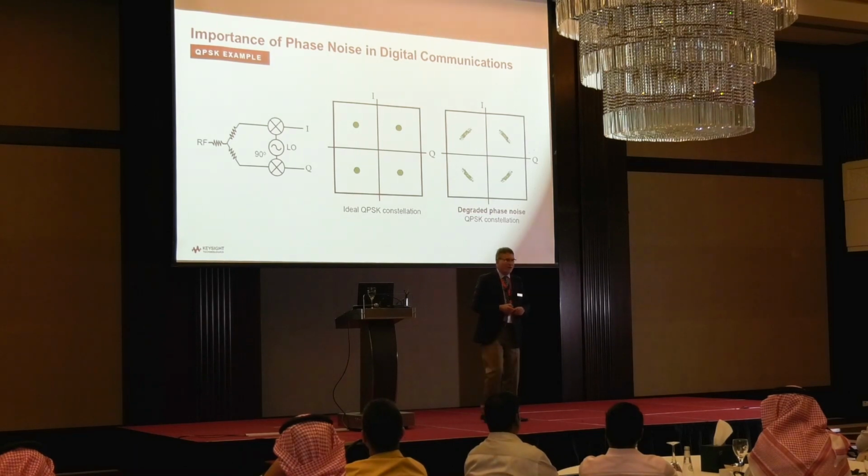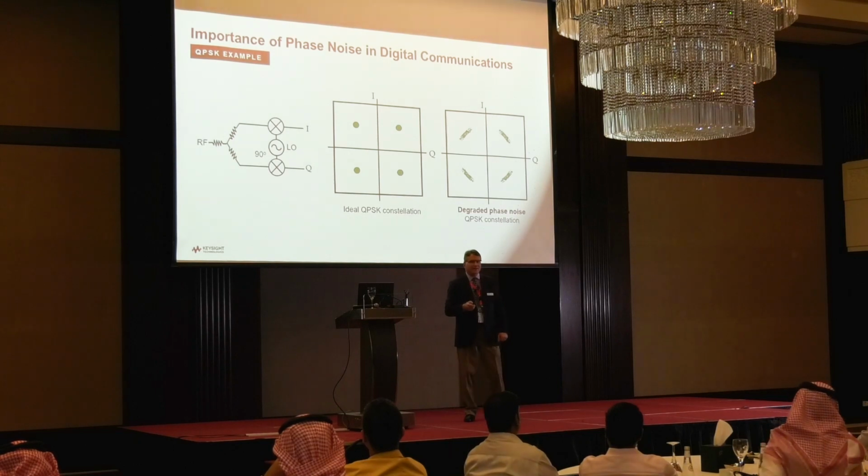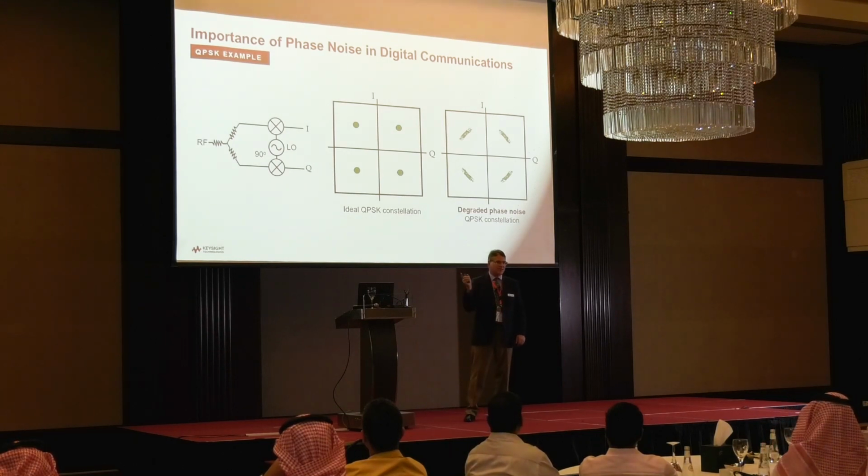diagram. However, as you can imagine, if there are some slight changes in phase or frequency of that LO, we get a smearing effect, and now those digital bits, as they're represented in the IQ constellation diagram, get spread, shifted or smeared.